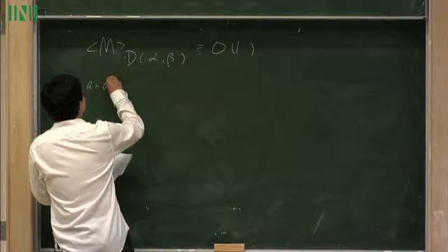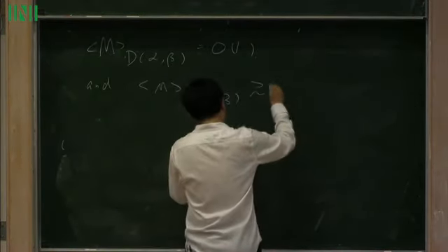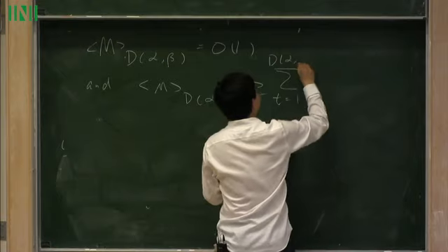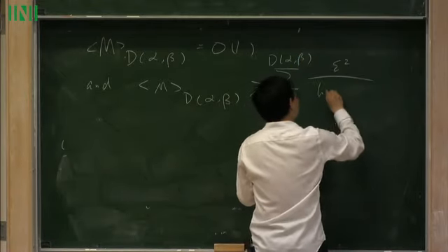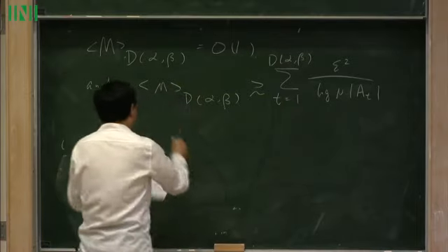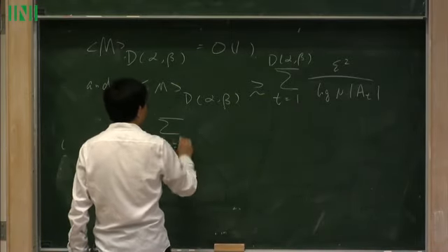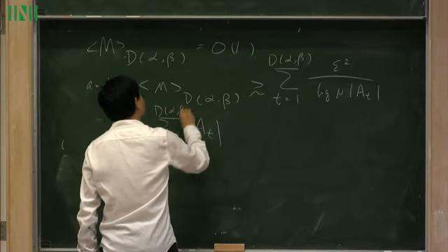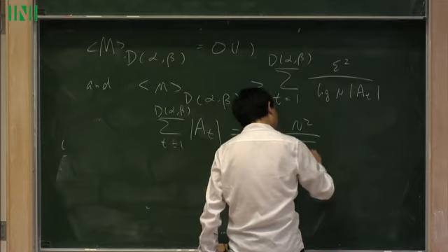And the quadratic variation is lower bounded by the sum from t equals 1 to the distance d alpha beta of epsilon square over log n times the cardinality of AT. But we also know the sum of the cardinality of AT over t is of order n square over root log n.